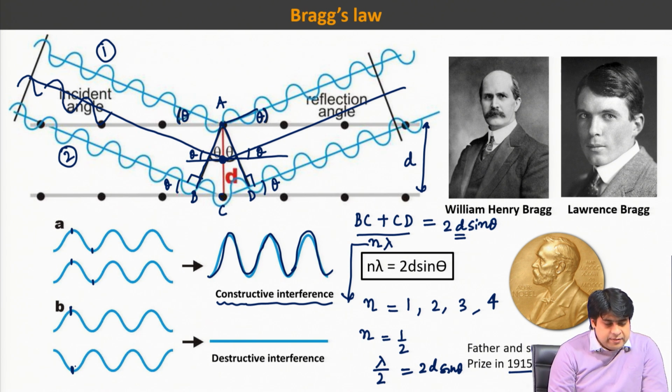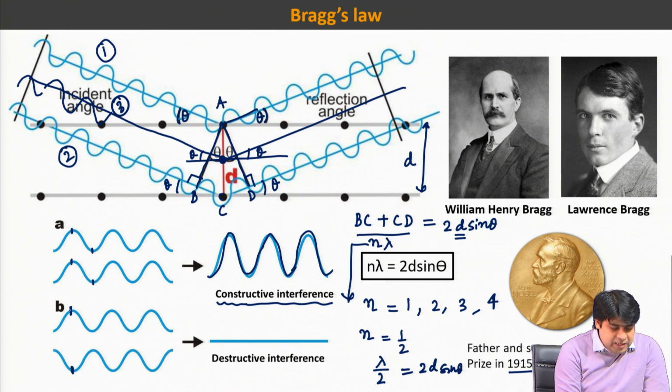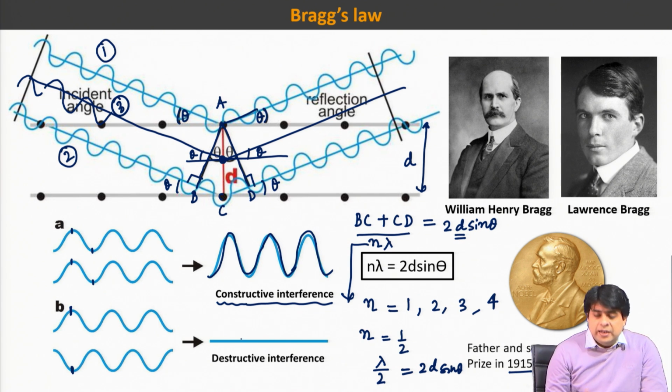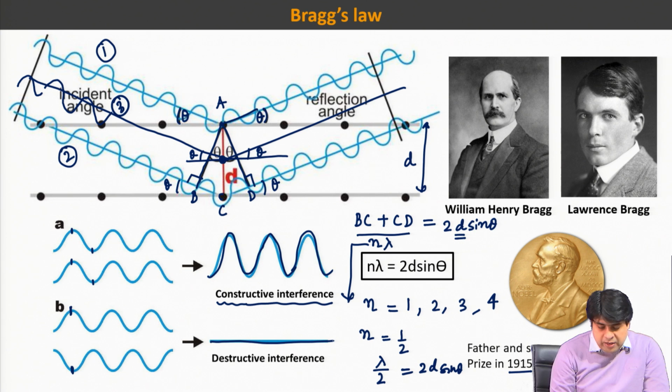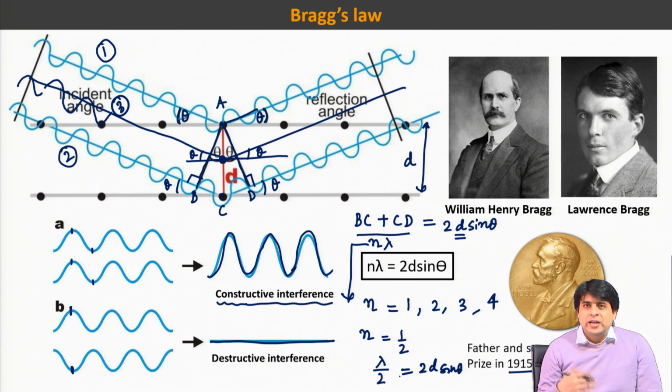If you compare ray 1 and ray 3, or ray 3 with ray 2, the crest will not match with a crest, it will match with a trough. So, you will have a destructive interference and you will not get any signal, a completely flat line. When n is not an integer value, you will not get any reflection.